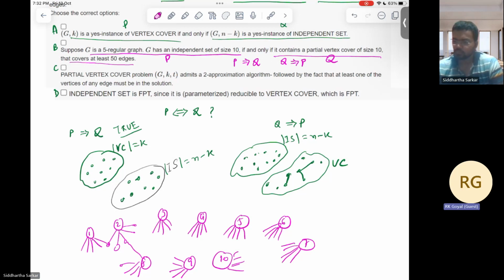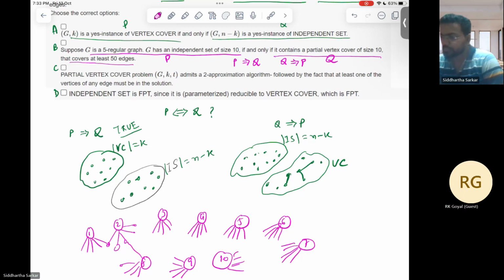So if we have this setup with 10 vertices and 50 edges, can we have an edge between any two vertices here which are part of the independent set we said just now? Because if I consider an edge between any two of these vertices, that will reduce the coverage of the edges.